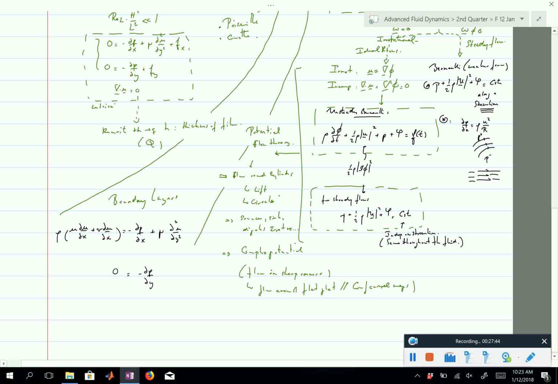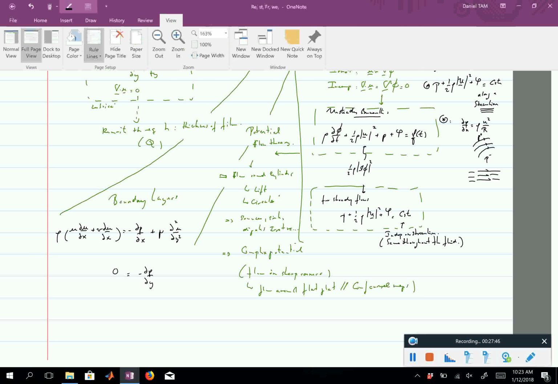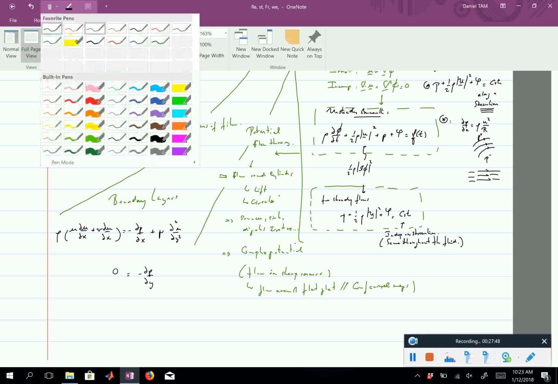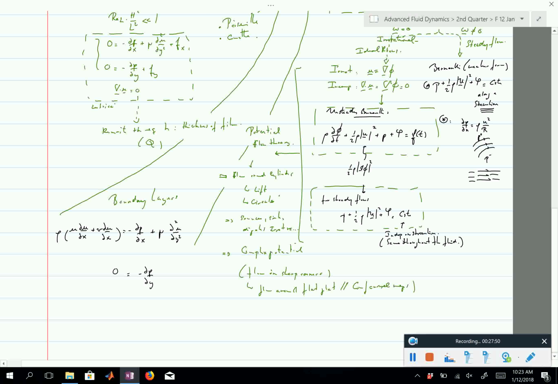Those are the boundary layer equations, and we discussed one particular solution, which is the Blasius boundary layer, the Blasius problem.